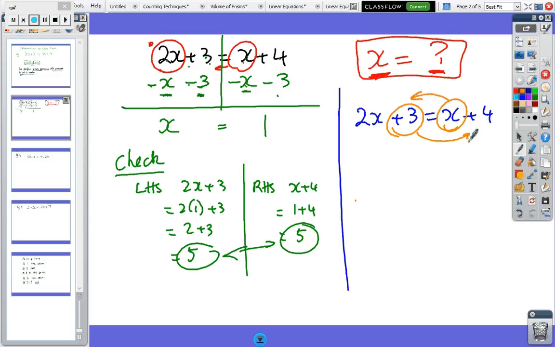Rather than putting plus x minus x, I can go straight to the next line: 2x minus x, because plus x, for it to cancel, becomes a minus x. 4 hasn't moved, and plus 3 becomes minus 3, and so x equals 1. I'll do that both ways on the next example, and then you can decide if you like my circling and arrowing. Copy and then come across.